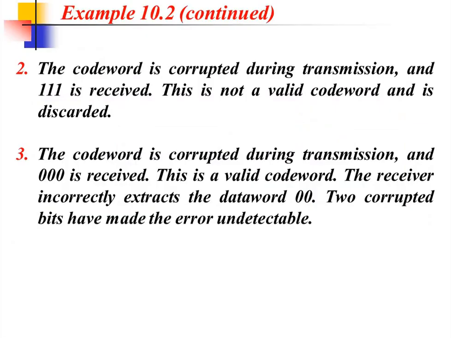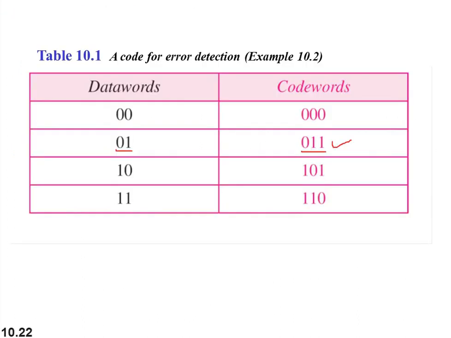Now next, let us consider that the code word is a corrupted one, and you have received 111. Now you just go to the previous one, and because k is equal to 2, the data words generated are 4 only.